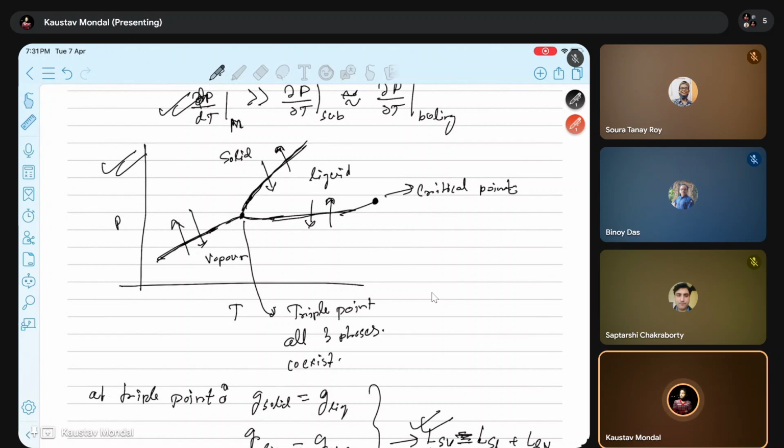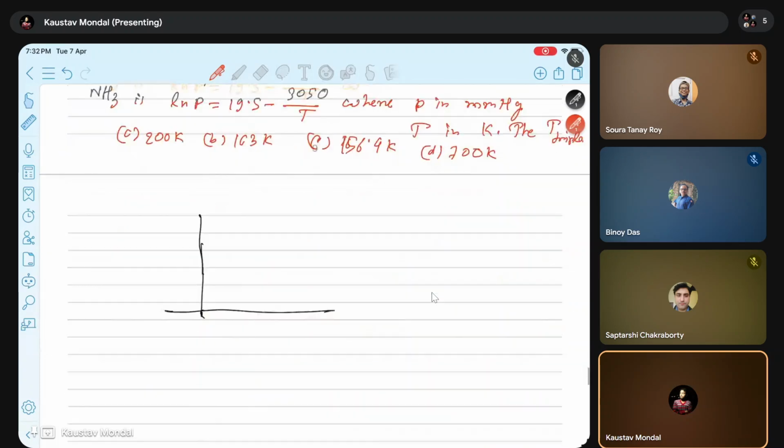Solid vapor, this is the sublimation curve. This one is the sublimation curve, solid and vapor, and the next curve is the vaporization, that means liquid to vapor, right? So this is the vaporization curve. Okay. So these two curves basically intersect at the triple point. It looks like this.